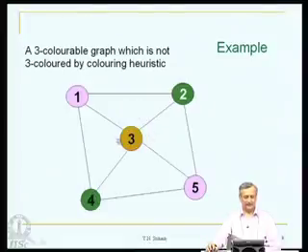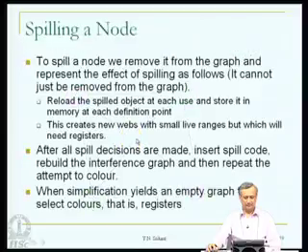Now, here is a graph which is 3 colorable, but it cannot be colored by the coloring heuristic. It says we will need a spill, but obviously as we have shown here it does not need any spill. So, there are some improvements possible to the heuristic itself, which will help us in coloring such graphs. We will see that a little later.